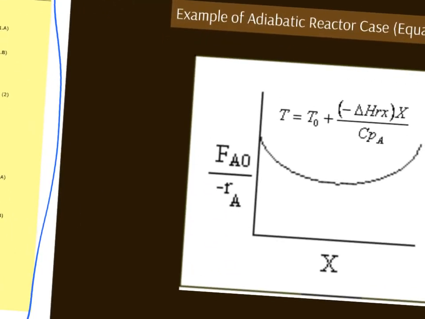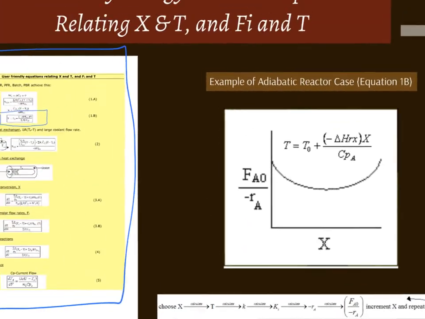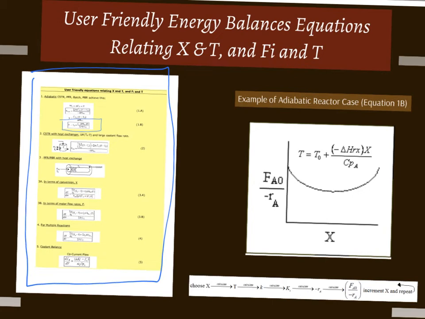What does it look like if we have a graph? So what we are plotting right now is basically FA0 over negative rA versus the conversion. In an adiabatic reactor, it will look like this.